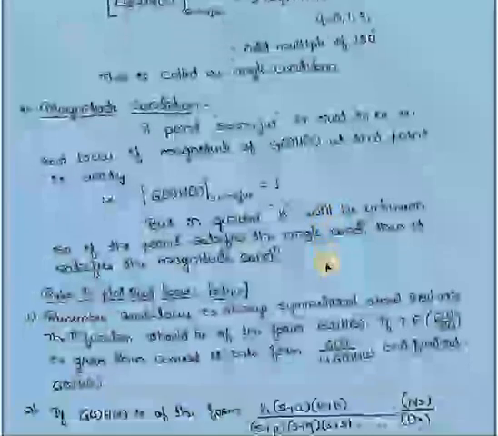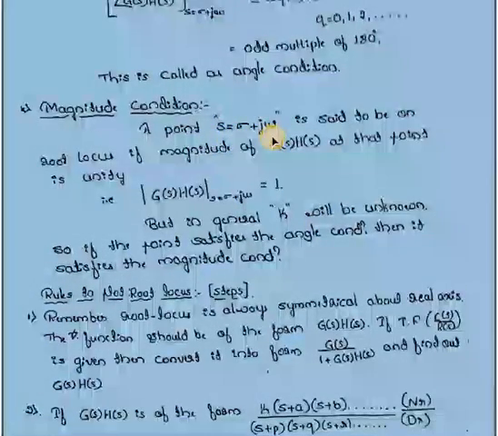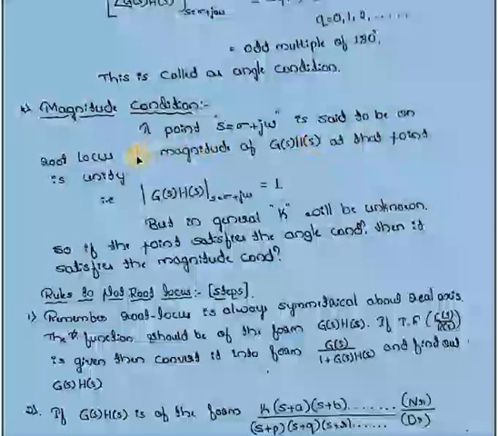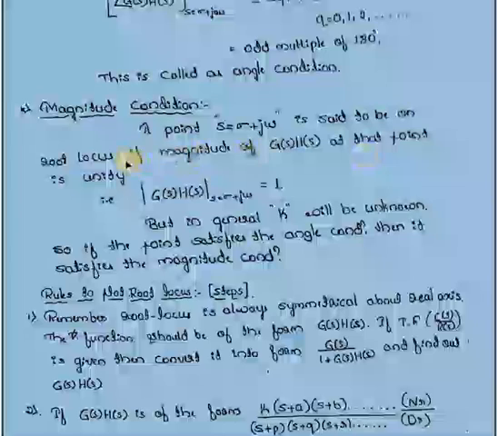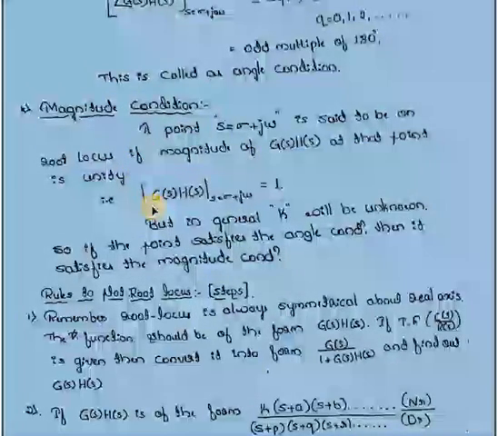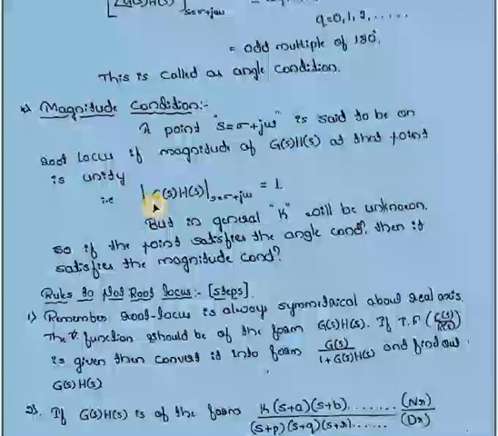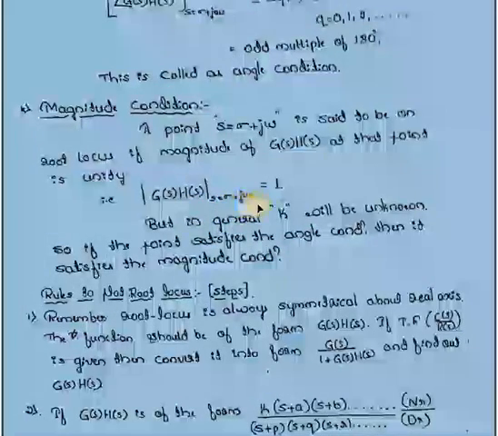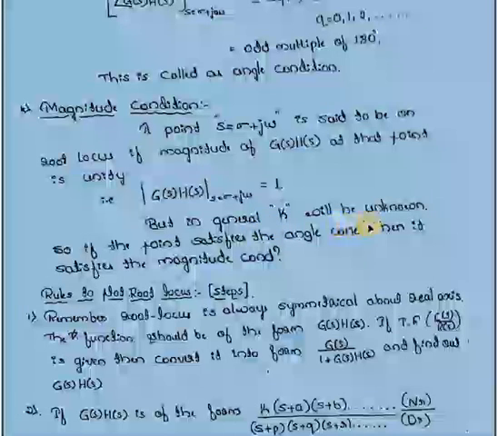Similarly, for the magnitude condition, a point s equal to sigma plus j omega is said to be on a root locus if the magnitude of G(s)H(s) at that point is unity. That means its value should be equal to 1. That is, the magnitude of G(s)H(s), where s is sigma plus j omega, equals 1, but in general K will be unknown.